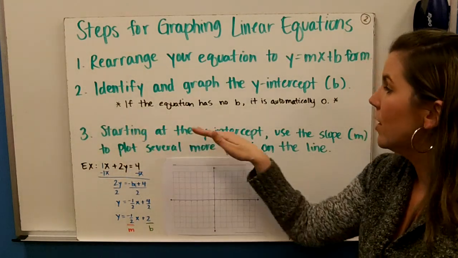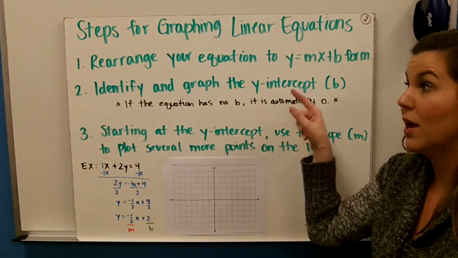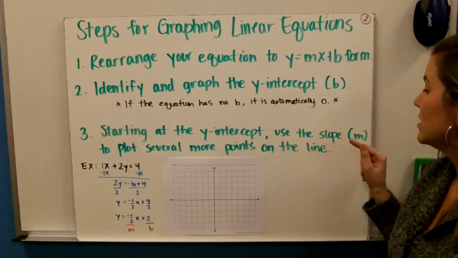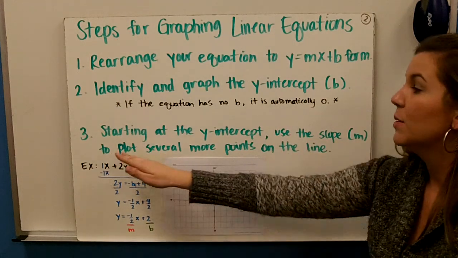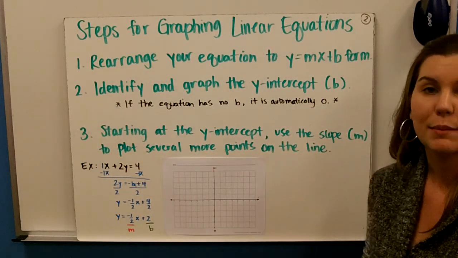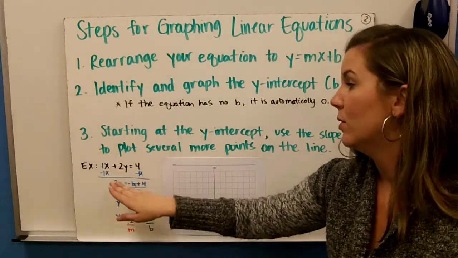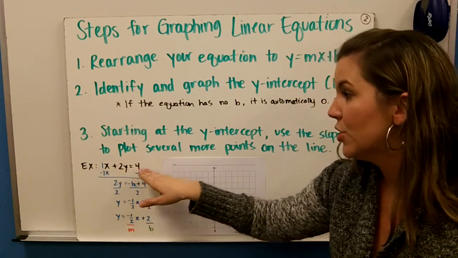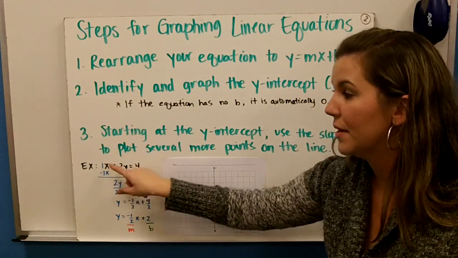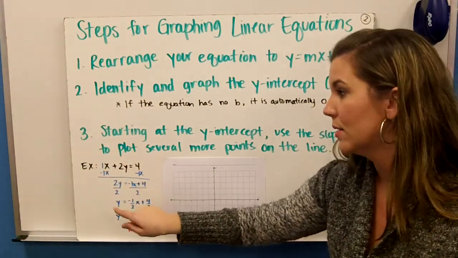Step 3, starting at the y-intercept that you plotted from step 2, use the slope, that's m, to plot several more points on the line, and I'm going to demonstrate this. So, in my example, I'm given x plus 2y equals 4, and you should know that x means 1x.